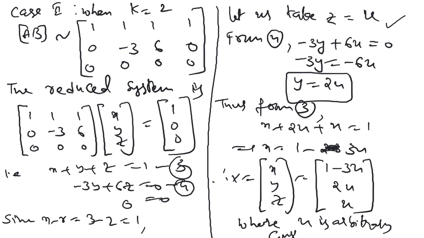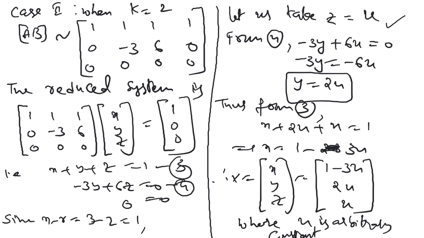So in all the cases, we have discussed the consistency of the system. It is consistent for k is equal to 1 or k is equal to 2 only, and inconsistent for the rest of the values. For k not equal to 1 and k not equal to 2, it will be inconsistent, that means no solutions.